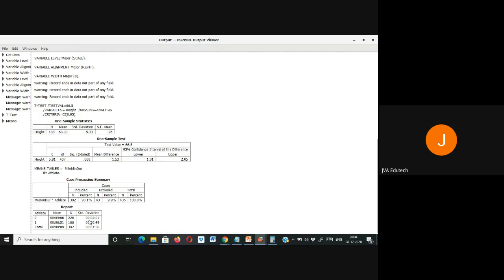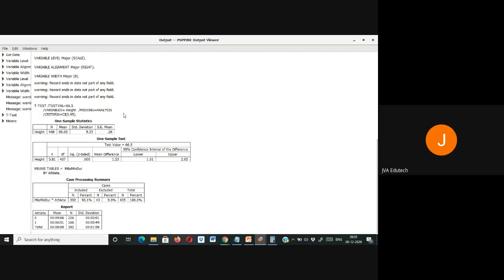If you see the standard deviations also, the time taken by non-athletes is 2 minutes 1 second, whereas the time taken by athletes was only 49 seconds. So you can see this variation corresponds also to the mean value. Okay, so it will give you a better insight.